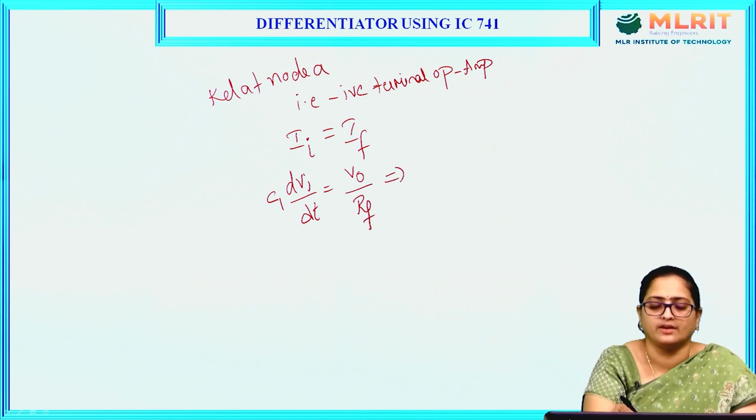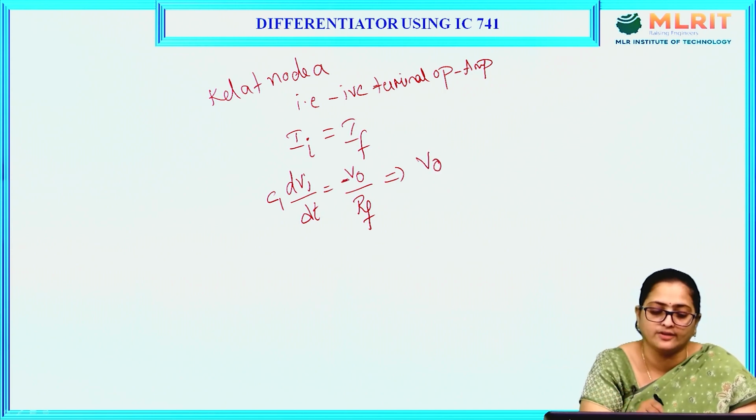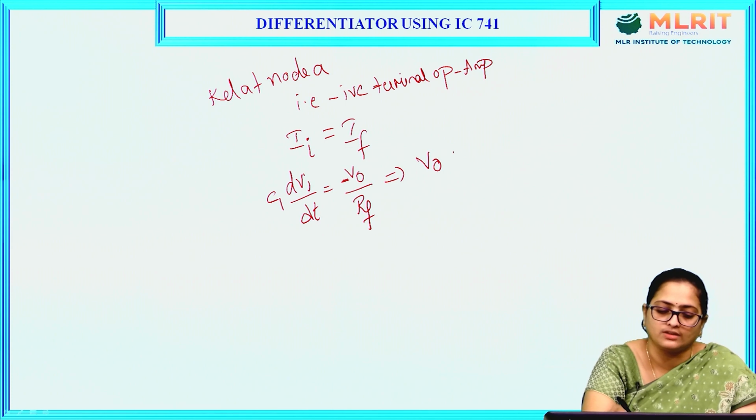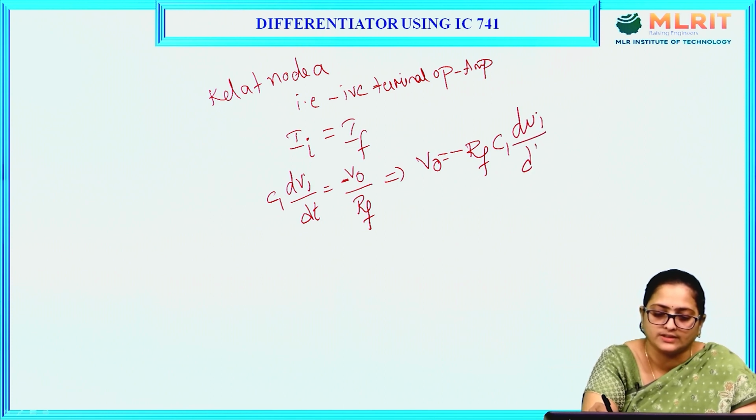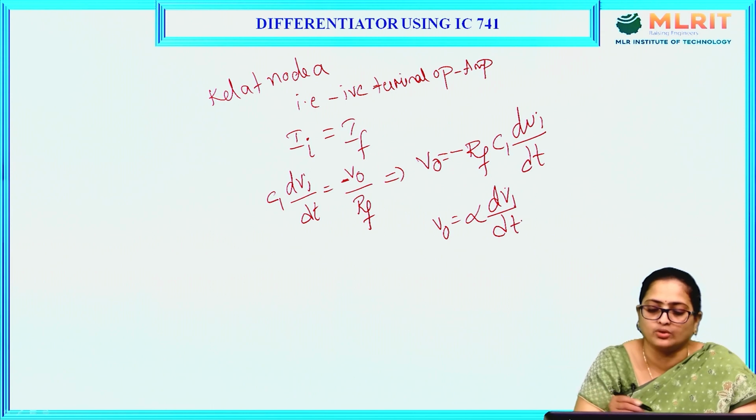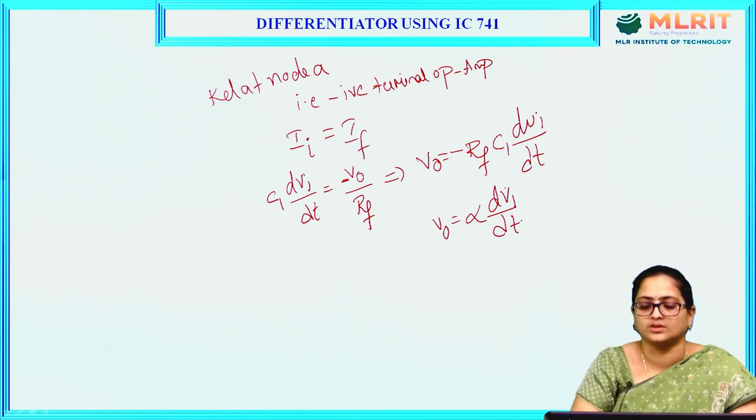From this we can write V0 is equal to minus RF into C1 dVi by dt. So it is proved that V0 is proportional to the differentiation of your input voltage with respect to time.